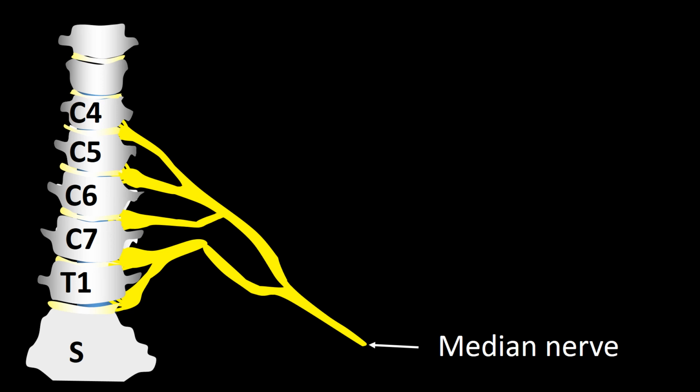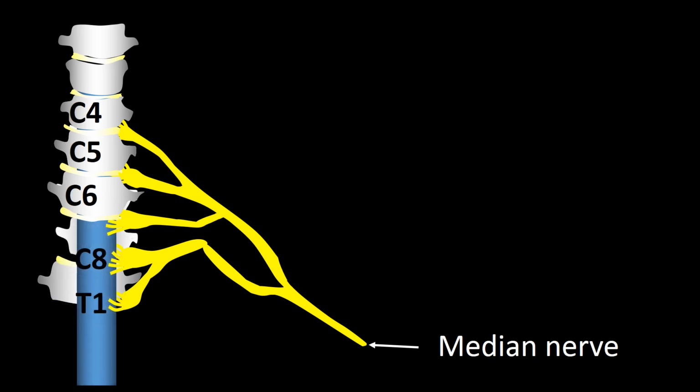This frame only shows those components of the brachial plexus that have fibers coming from the median nerve, hence tested with the median nerve somatosensory evoked potentials. We can see that the median nerve somatosensory evoked potential evaluates almost the whole plexus except for the posterior divisions and the posterior cord.